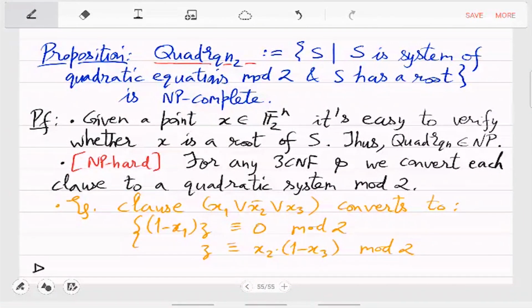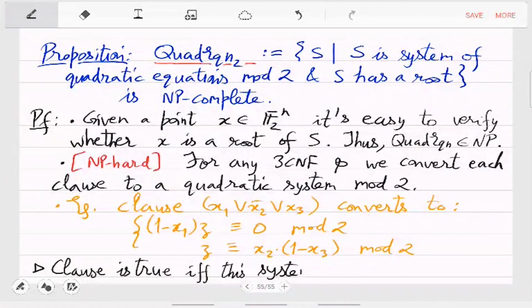So this clause is true if and only if the system has a root. Right, there is this if and only if condition.